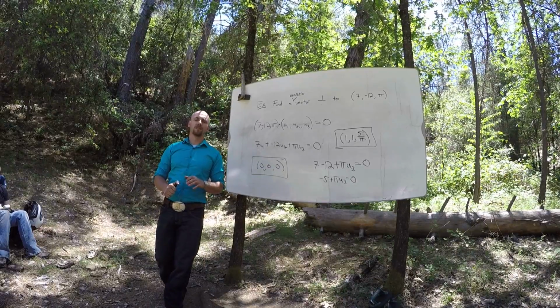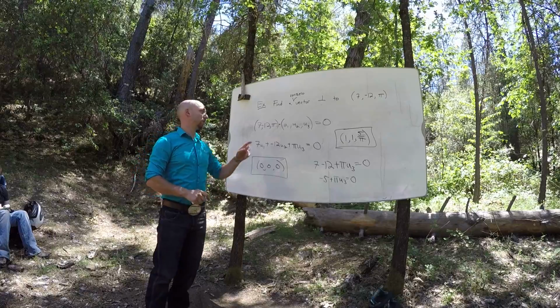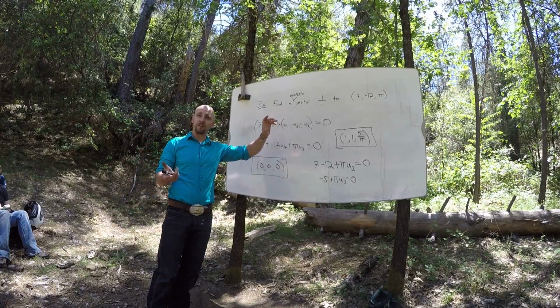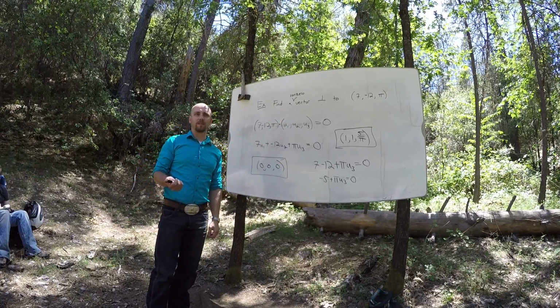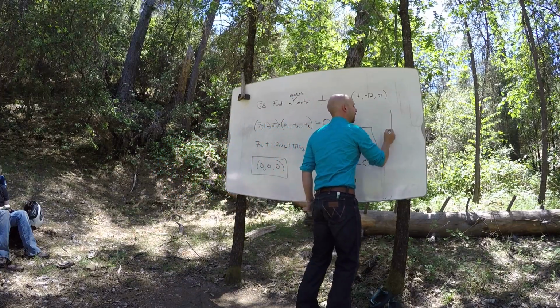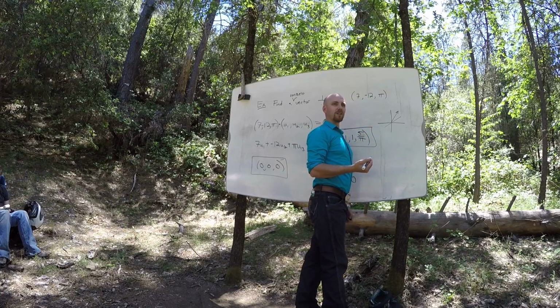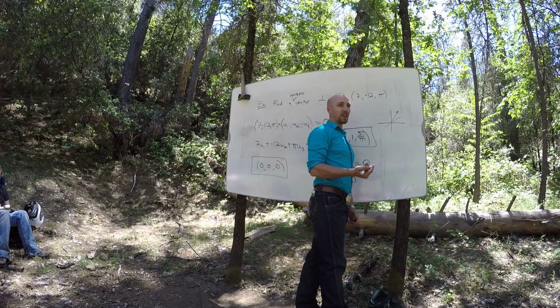Now, what about the plane perpendicular to the vector? If I wanted a plane perpendicular to this vector, there's lots of choices, right? You guys see that? Really, that's because this thing is some vector pointing out from 0. That thing's perpendicular to lots of planes.